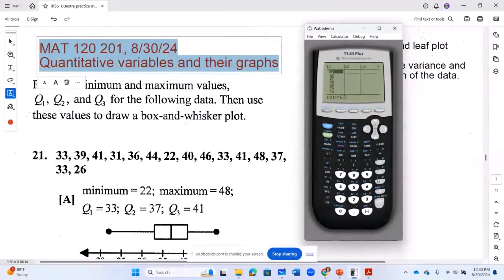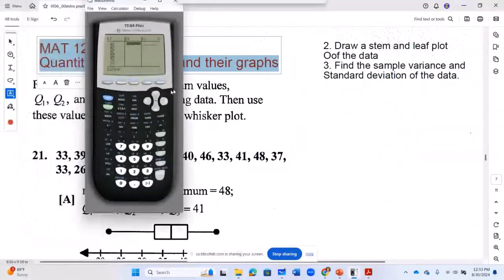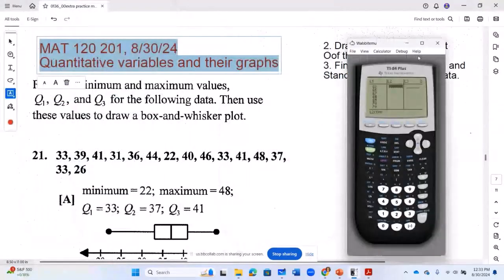I still need the data in my L1, so I'm going to use my L2. So I put my calculator on the screen. I want to put the data in my L2. All right, so the first number in the data is 33, enter.